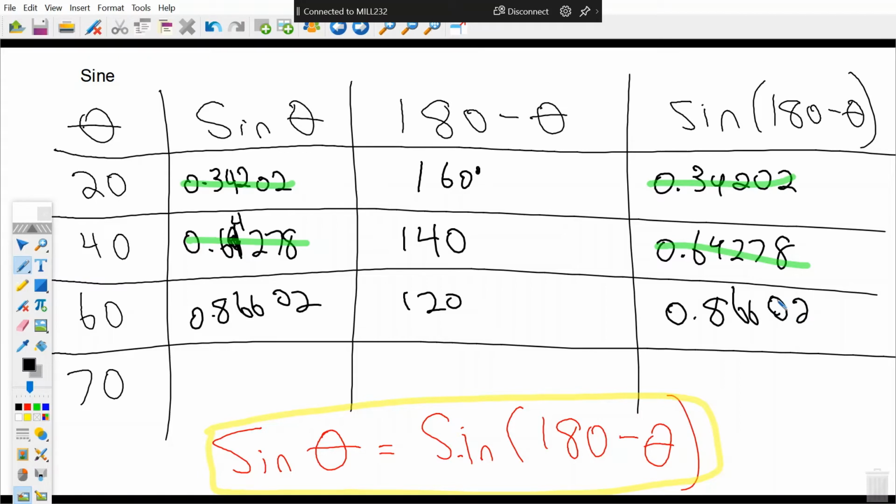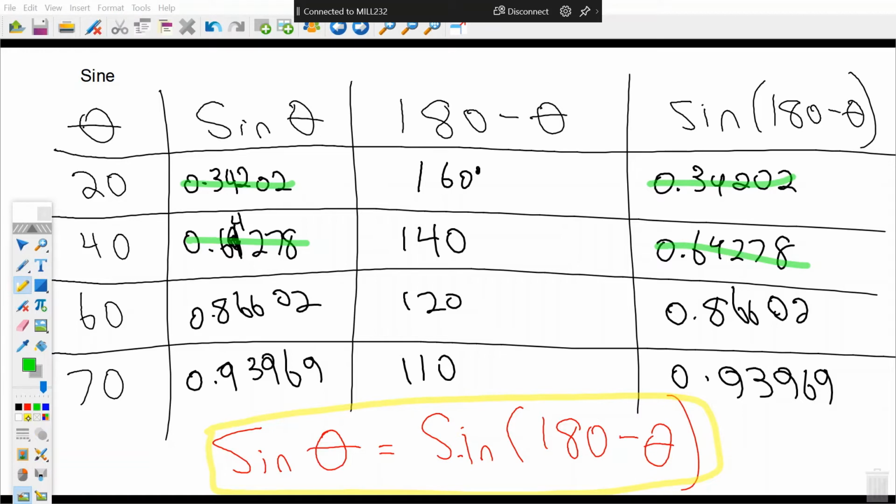Sine of 70 is 0.93969. 180 minus 70 would be 110. And the sine ratio of 110 would also be 0.93969. So what this means is right here.